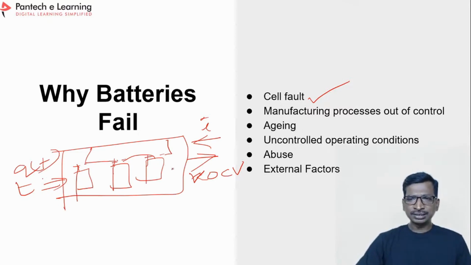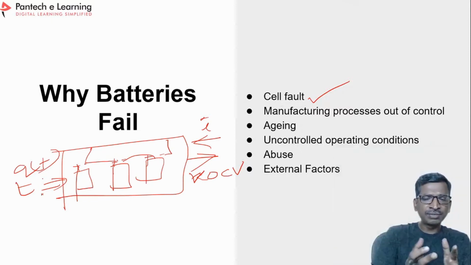Similarly, the manufacturing process out of control. There is a standard procedure for how to manufacture the battery. If something is out of range, like the temperature maintained in the EV factory, or the packaging pressure, or the storage area, or the sequence.